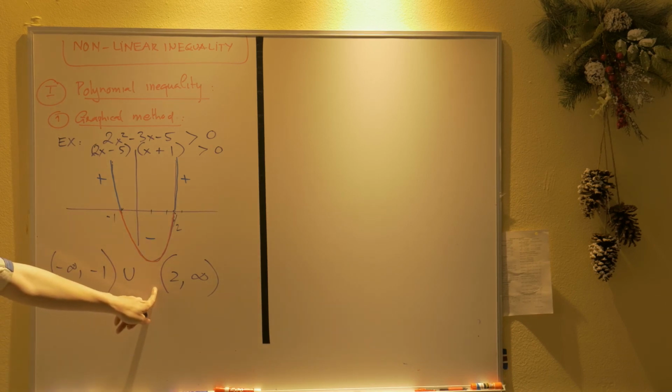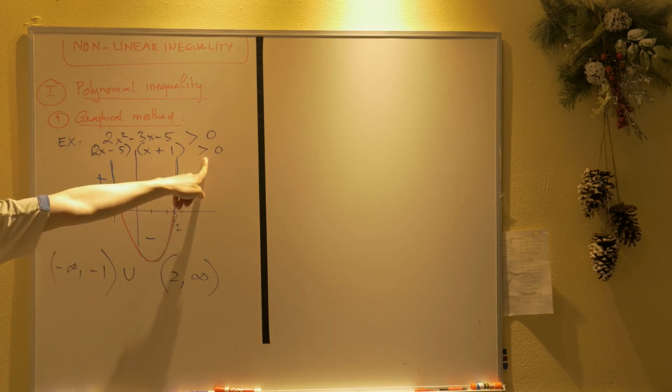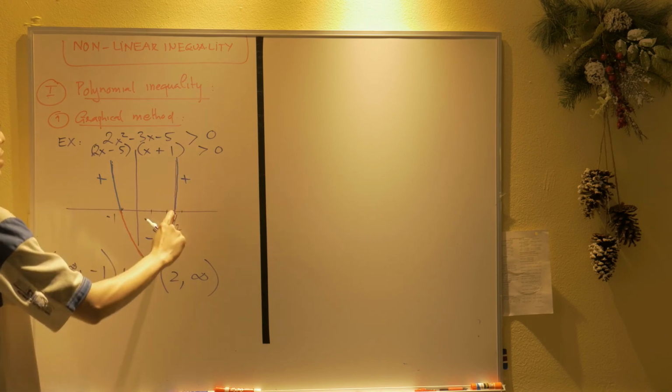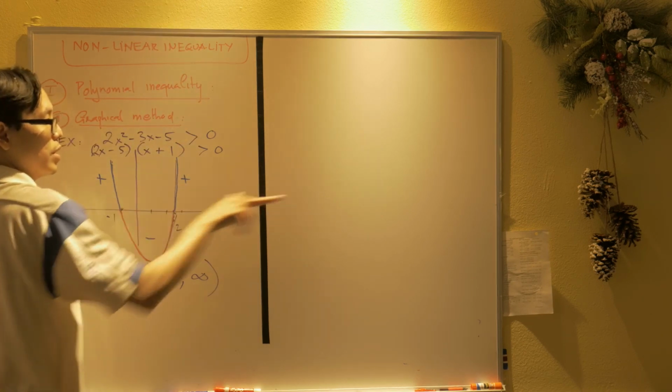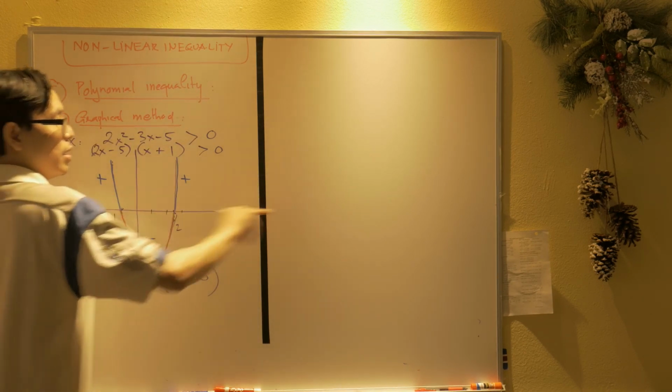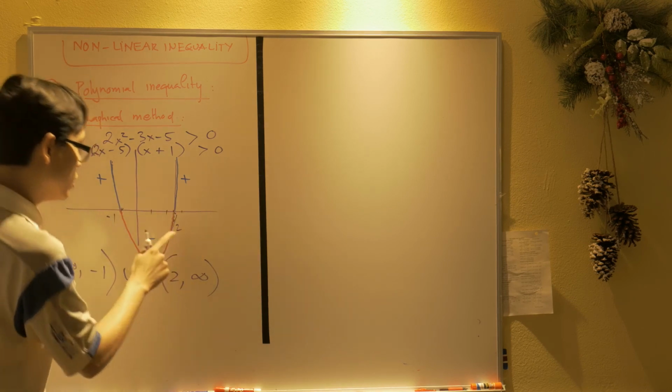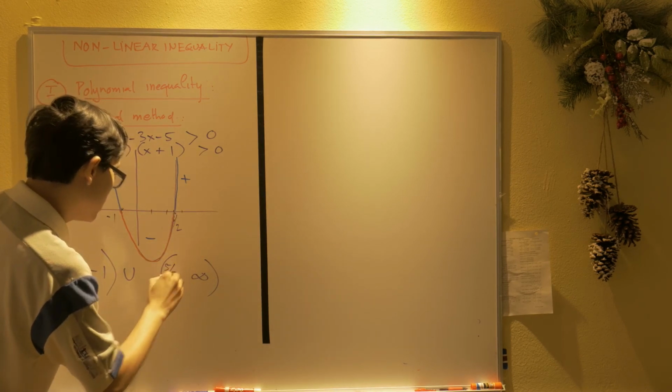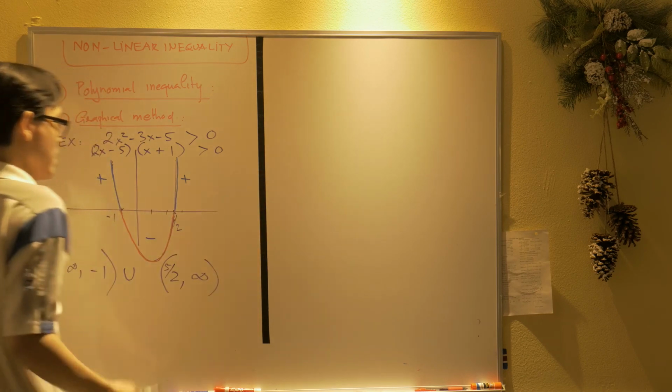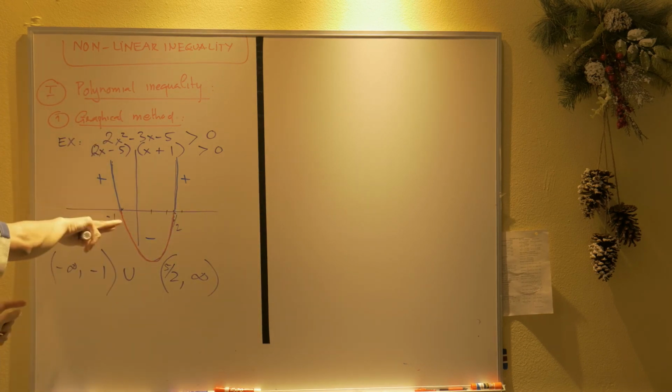Again, we cannot use a bracket because there's no equal sign here, and this keeps going up. We look at the x value, so it's from 5/2, sorry, 5/2 to positive infinity, and this is from negative infinity to negative 1.